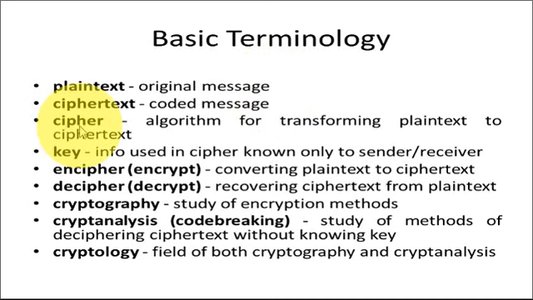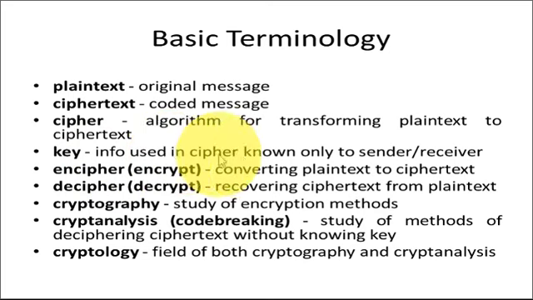Then cipher is nothing but an algorithm which is going to transform your plain text into ciphertext. That is a method or a technique which is going to convert your plain text into ciphertext. Next, key. Key is nothing but secret information which is used during that transformation, used for encrypting your plain text to convert it to ciphertext.